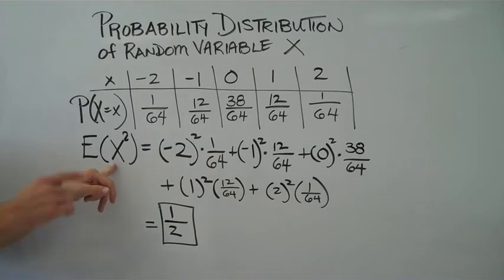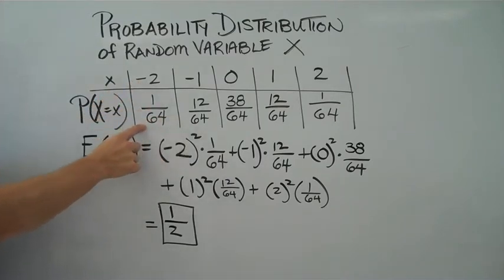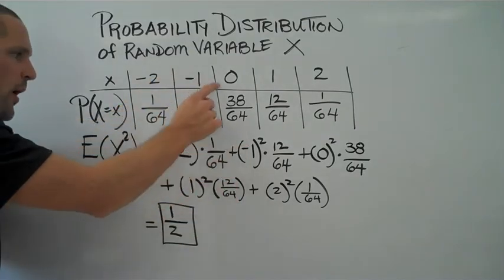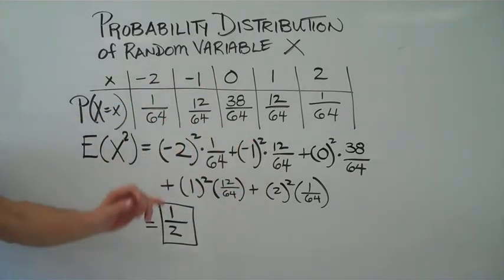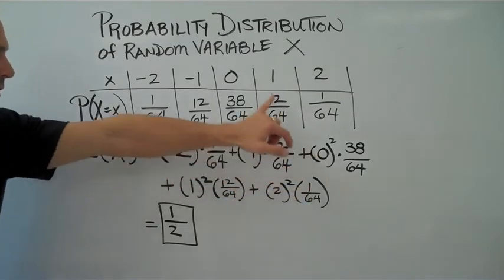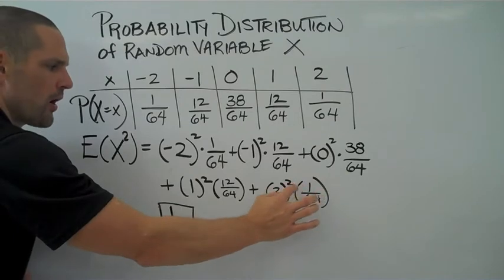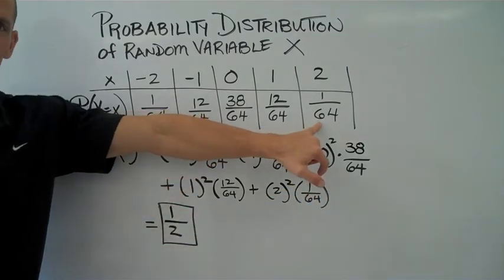Well, that requires us to take the values of our capital X and square them and then multiply by their corresponding probabilities. -2 squared times its probability, 1 over 64, plus -1 squared times 12 over 64, plus 0 squared times 38 over 64, plus 1 squared times its probability, 12 over 64, plus 2 squared times 1 over 64, which is its corresponding probability.